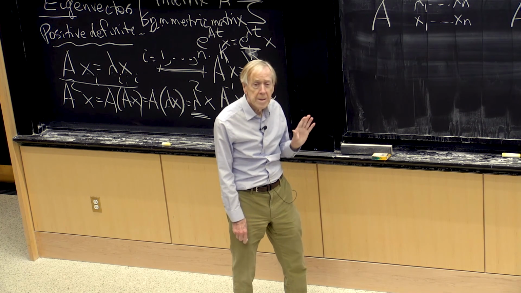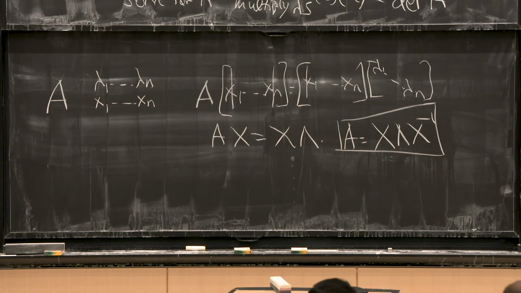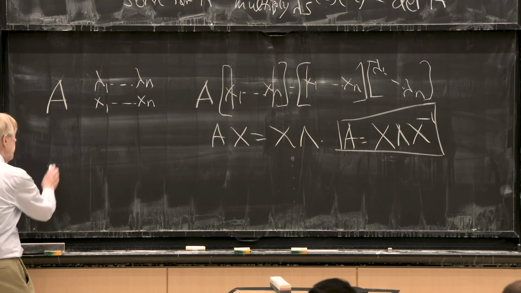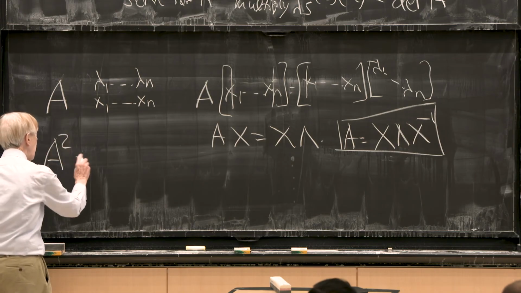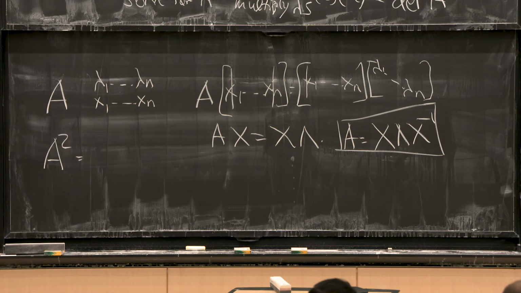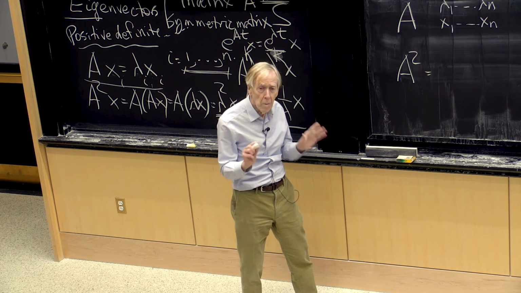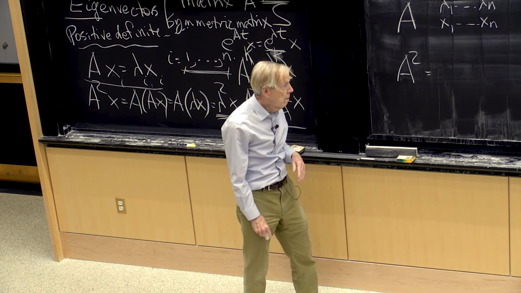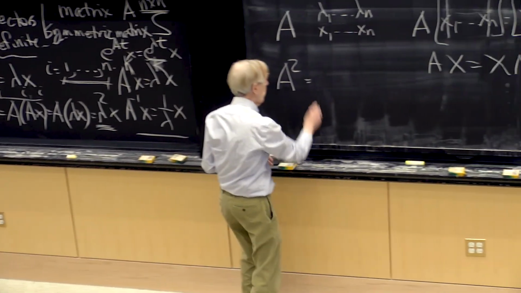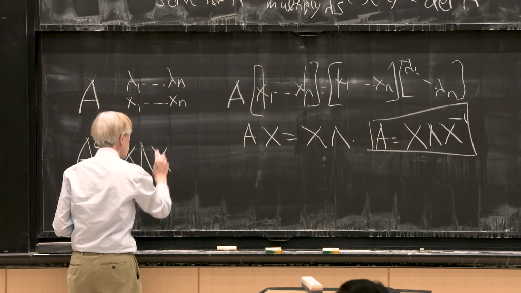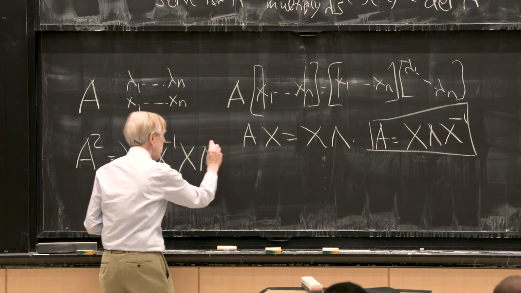What about A squared? Can I go back to the very first? I see time is close to the end here. What are the eigenvectors of A squared? What are the eigenvalues of A squared? That's like the whole point of eigenvalues. Well, I could just square that thing: X lambda X inverse, X lambda X inverse.